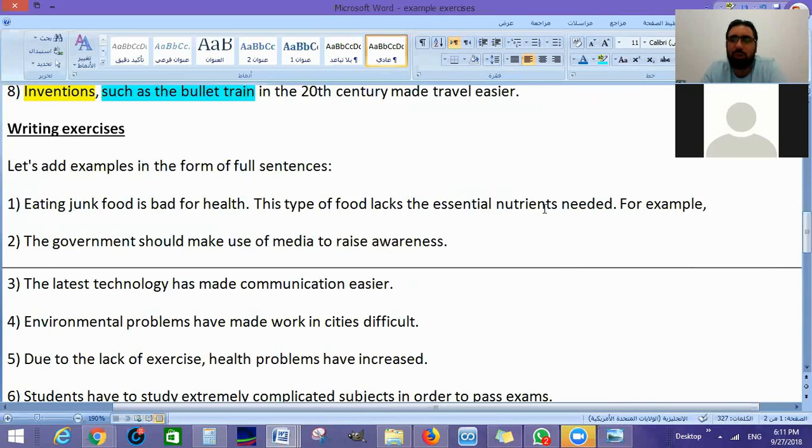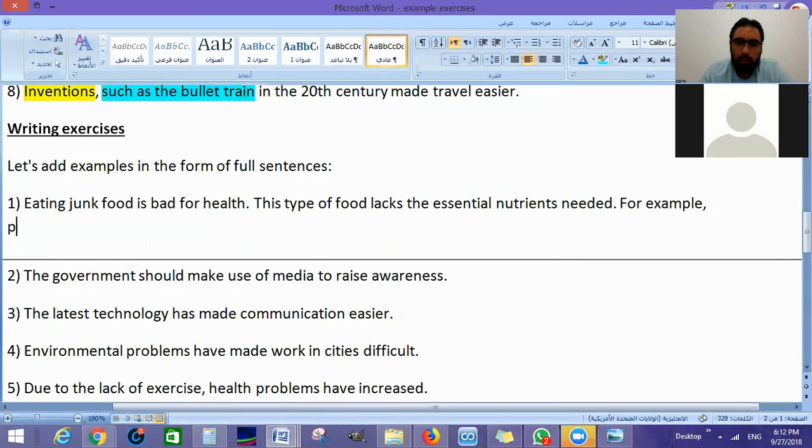What kind of junk food lacks essential nutrients? Do you think of anything? Not sure, like burgers. Okay, processed foods. Okay, canned foods.